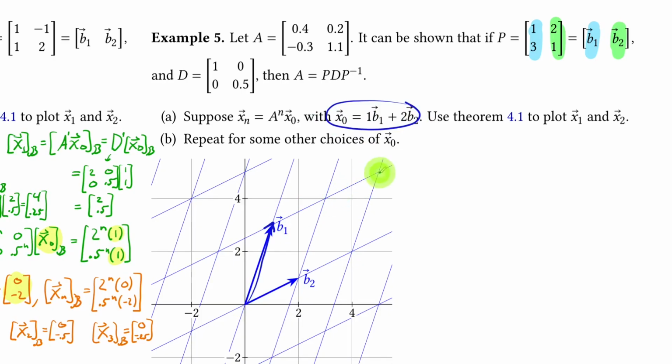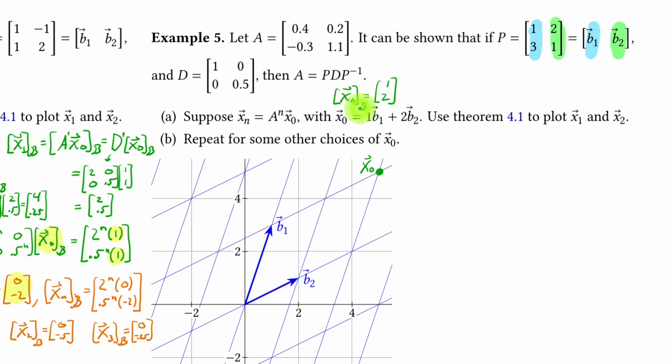That means x0 is right here. And that also means that the coordinates of this x0 relative to the columns of P are 1 and 2. Of course, the actual regular old-fashioned coordinates are like 5, 5, I think. But the B coordinates are 1, 2.